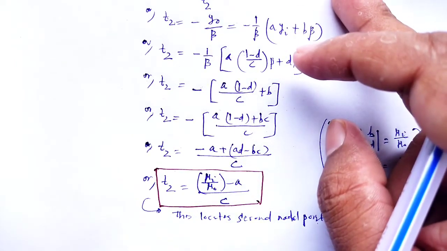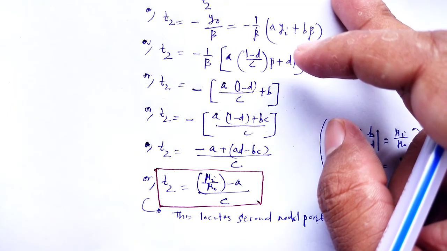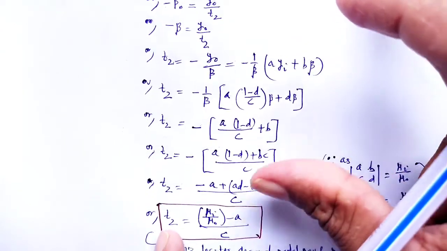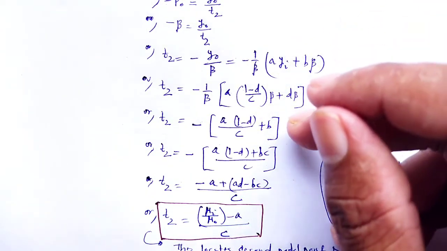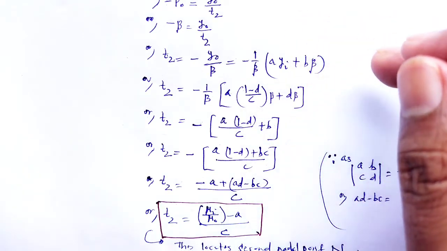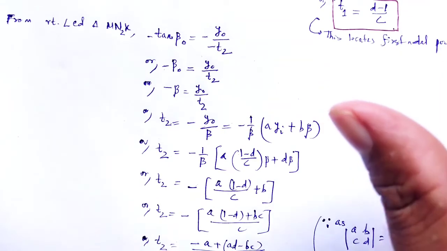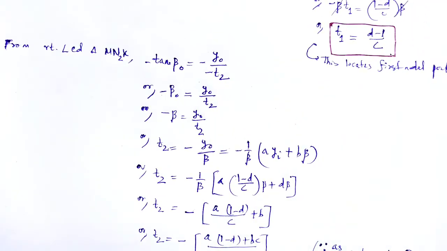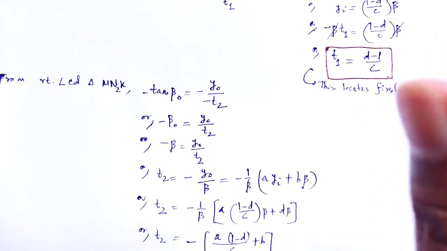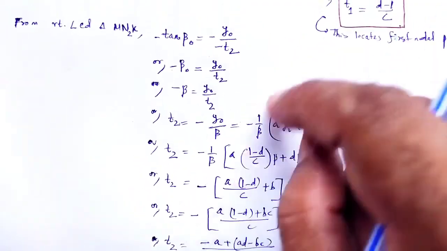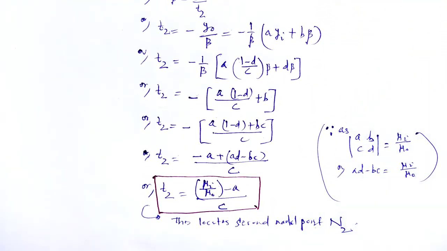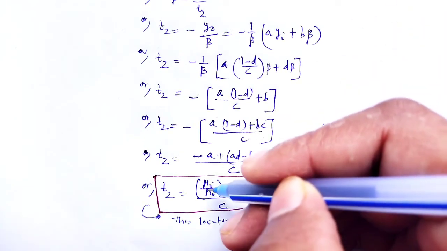R1 is the location of the principal point, and T1 is the location of the nodal point, so T1 and R1 are equal. Again, the first focal length F1 is equal to negative of F2, meaning the magnitude of the first focal length is equal to the magnitude of the second focal length, and the separation between R1 and R2 and the separation between the nodal points T1 and T2 are the same.